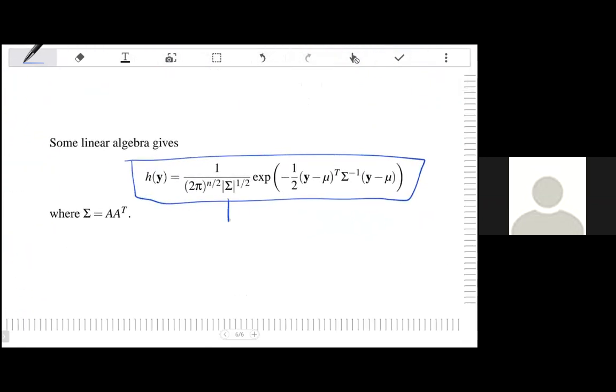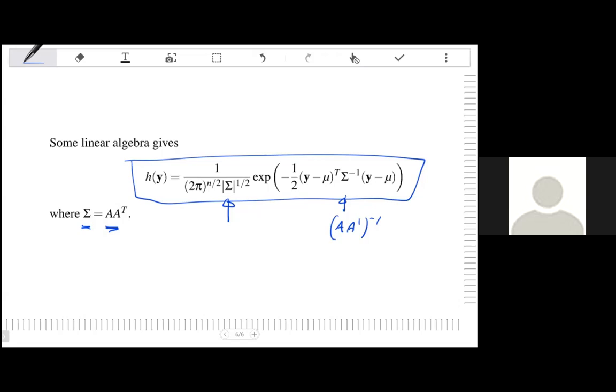This sigma matrix, there's a determinant of it, and sigma here is A times A transpose. That's because we're getting these variances coming in. So the determinant of sigma is just the determinant of A squared. Here we have A transpose inverse times A inverse, and that is sigma inverse. And so this is the variance covariance matrix of the y's, which we saw earlier, and that variance covariance matrix comes in here.